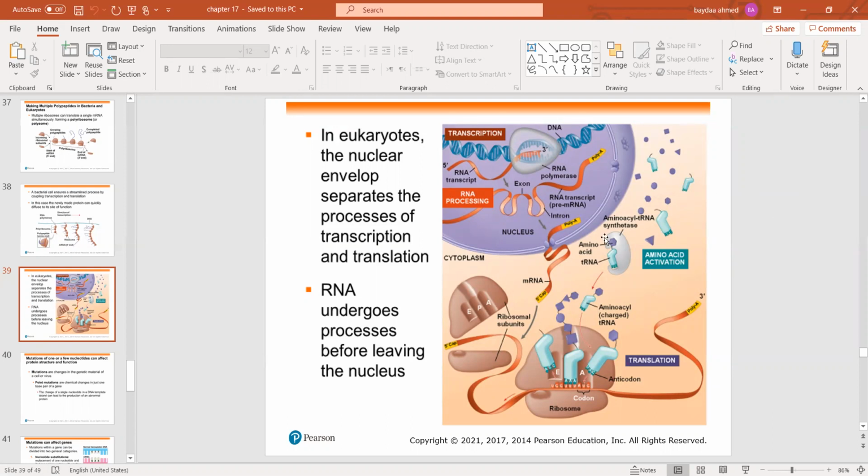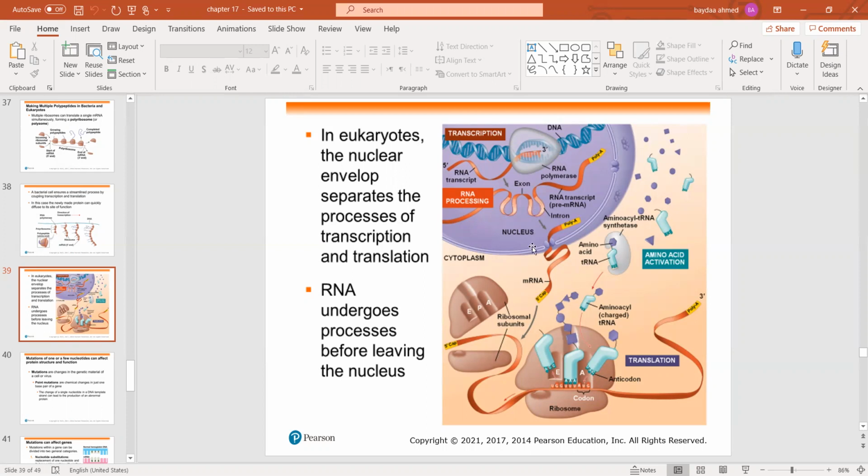In the first stage, transcription, RNA is transcribed from a DNA template, and in RNA processing in eukaryotes, the RNA transcript, pre-mRNA, is spliced and modified to produce mRNA, which moves from the nucleus to the cytoplasm.